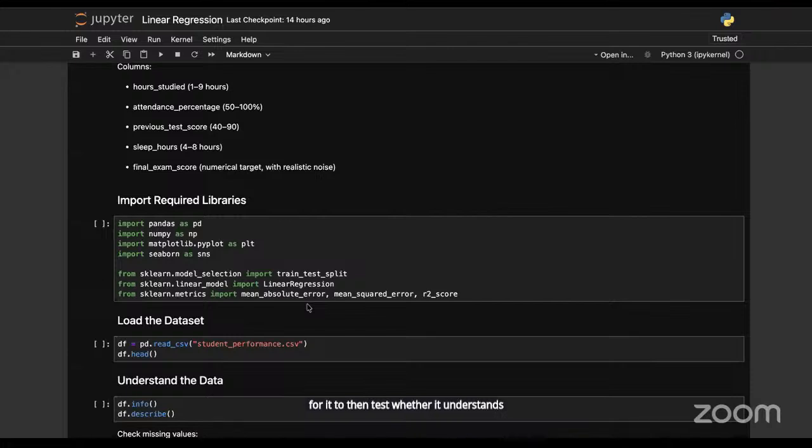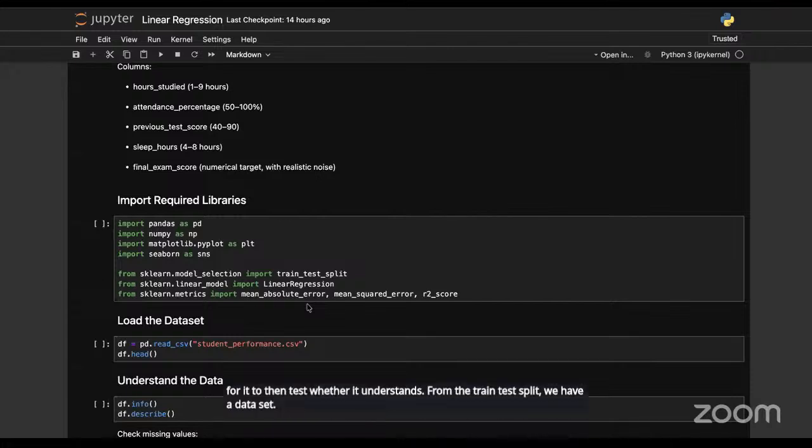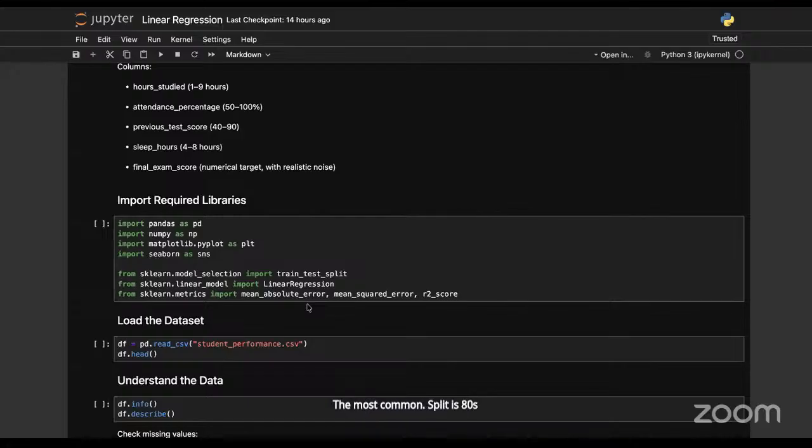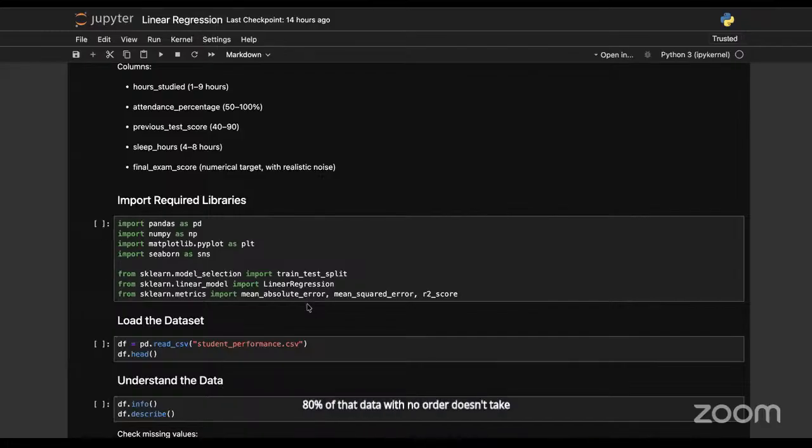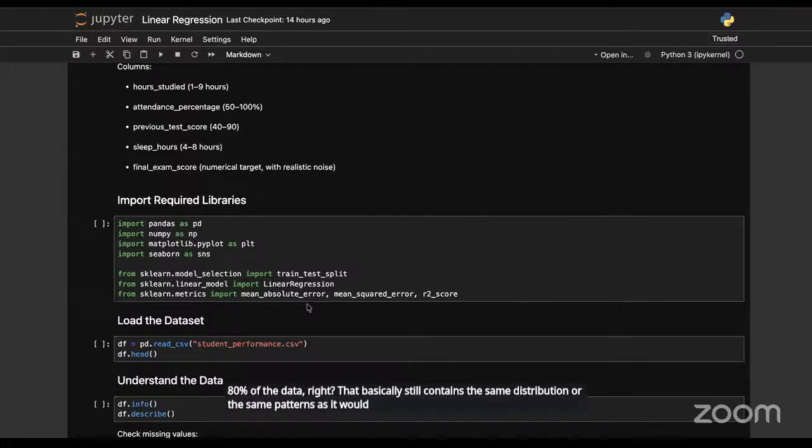So in the train test split, we have a data set. The most common split is 80% training data, 20% testing data. It takes 80% of that data with no order; it doesn't take the first 120 and the last 30. It randomly selects 80% of the data, which still contains the same distribution or patterns as the whole data set.